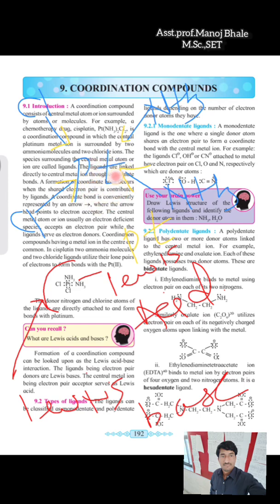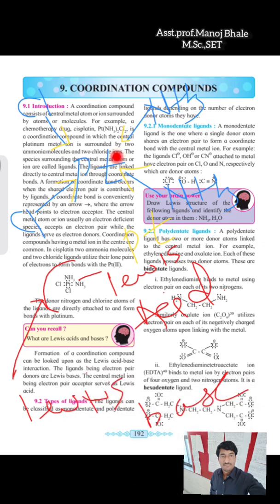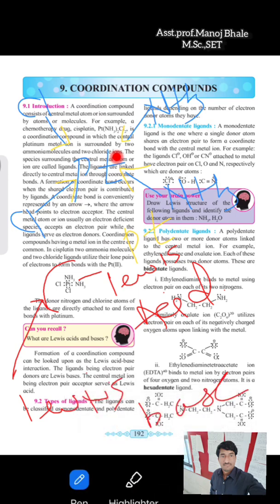In this case, the central metal, platinum, acts as the Lewis acid. This ammonia and this chlorine act as the Lewis base.